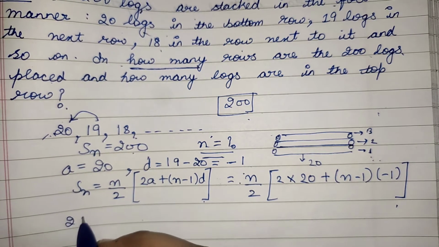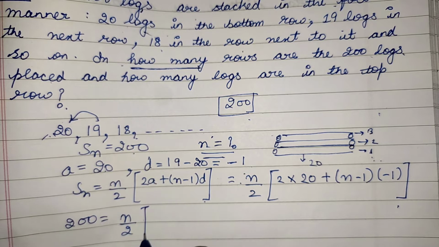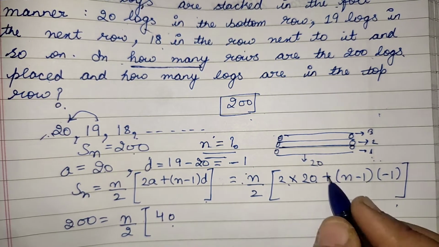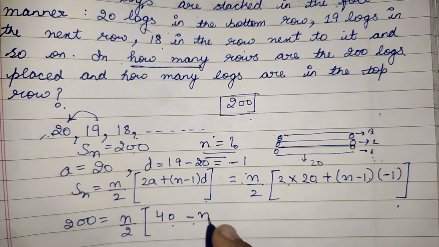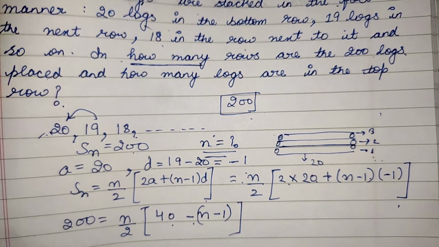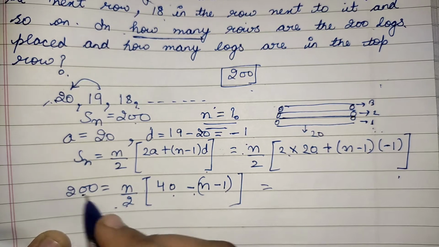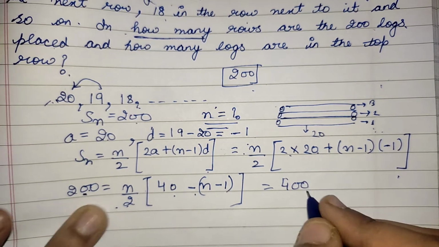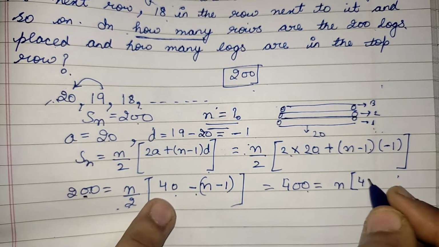So Sn, which is 200, is equal to n by 2 into 2 into 20, which is 40, and this is plus minus minus, so it will be n minus 1. Now this 2 will go to the left hand side and be multiplied, so it will become 400 is equal to n into 40.